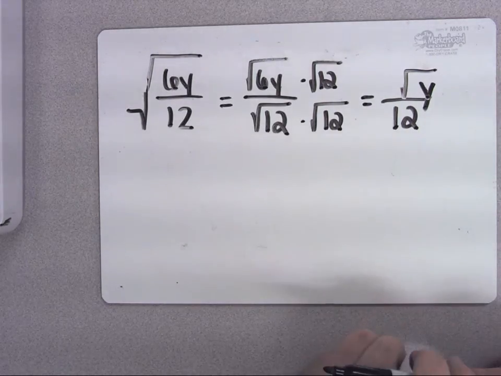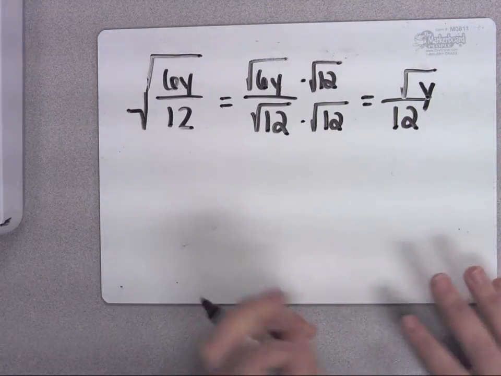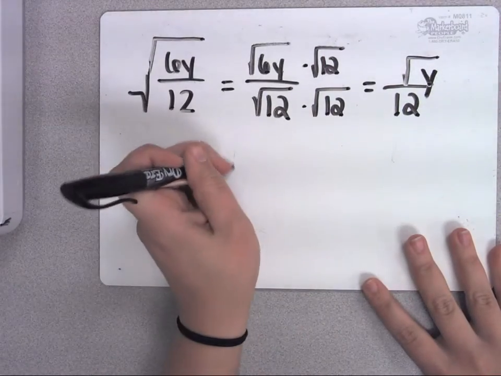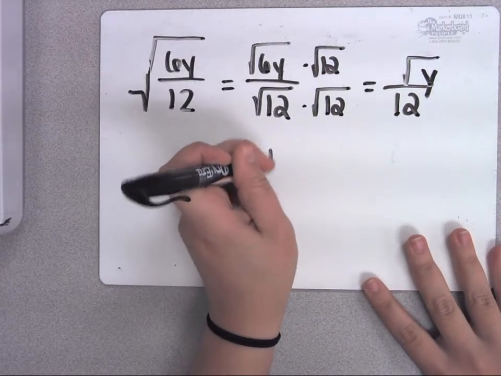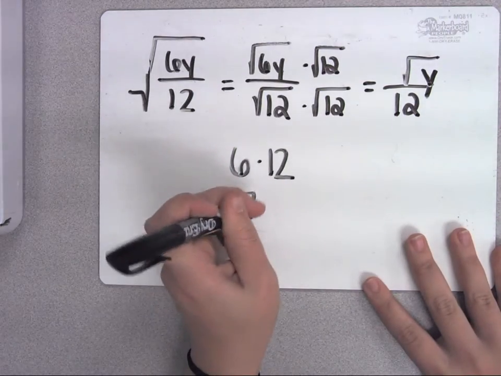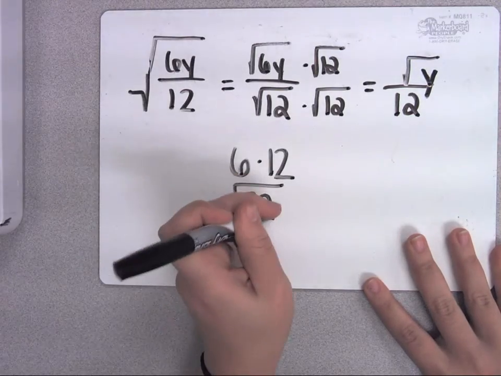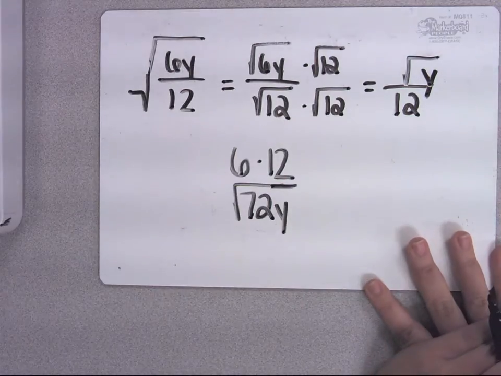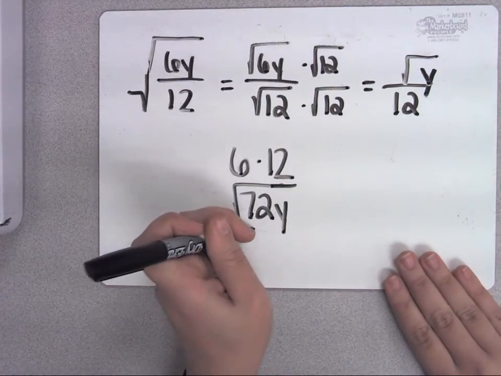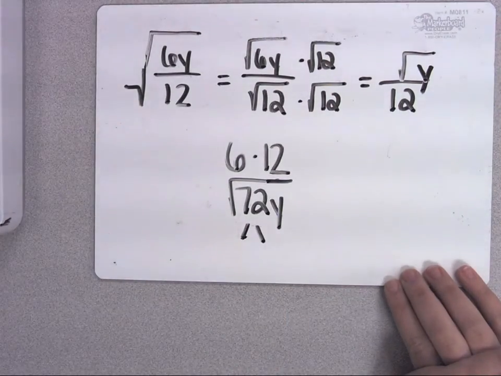81 divides that number? Remember, what is 6 times 12? 72. So underneath that radical, before we try to break it down, is 72y. So break down the number 72. What squared divides 72?